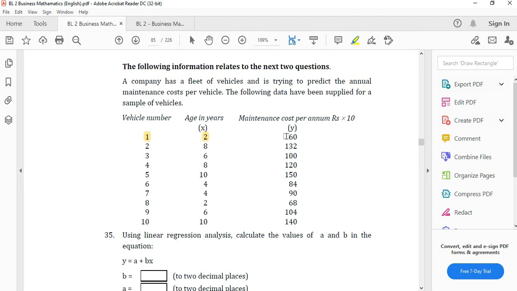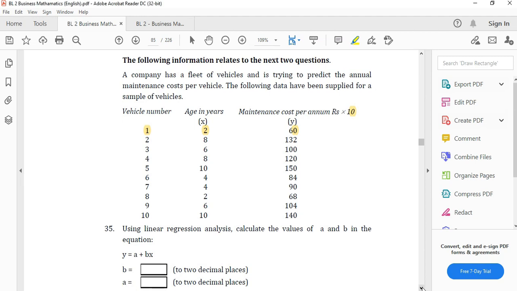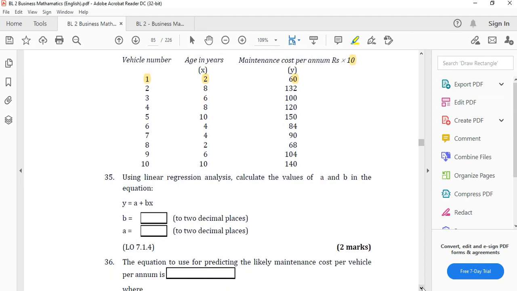And then they are given the maintenance cost per year multiplied by 10. That means 60 multiplied by 10, it will be 600, likewise. Okay. So, using linear regression analysis, calculate the values of A and B in the equation y equals A plus bx.